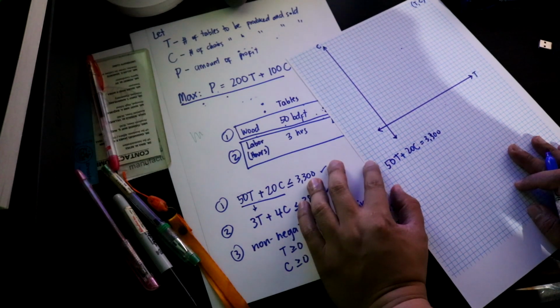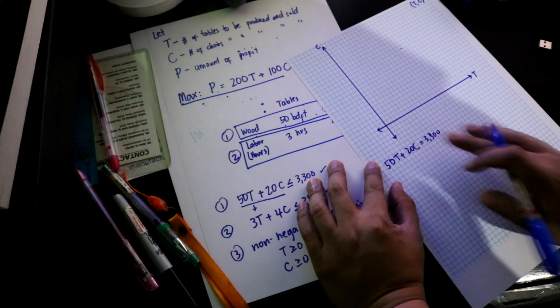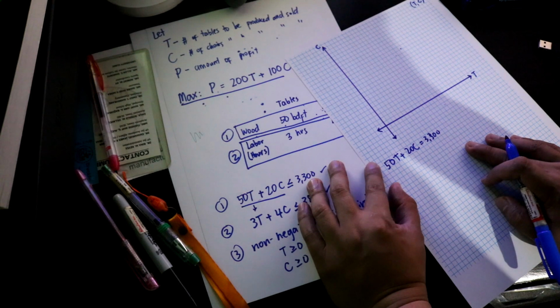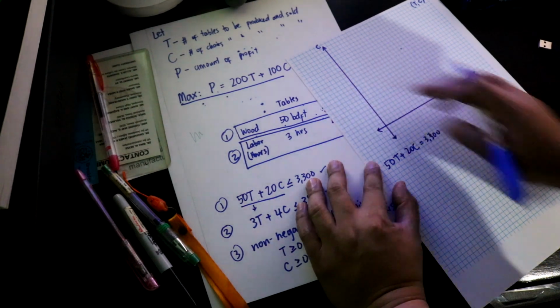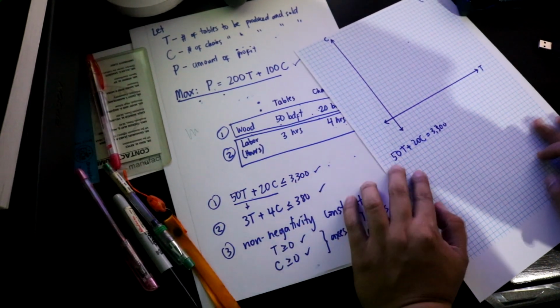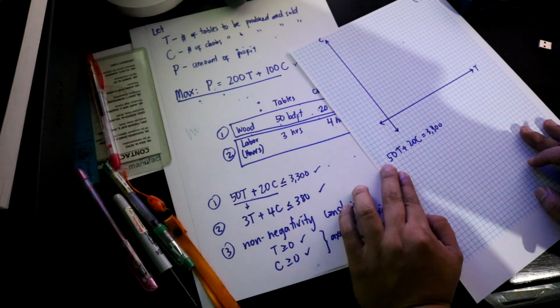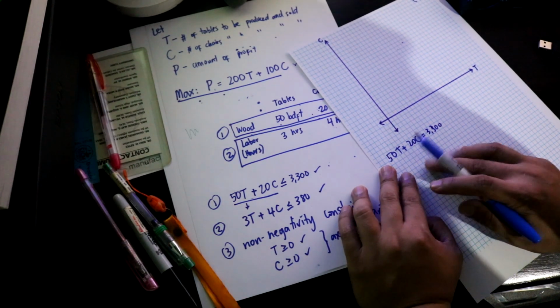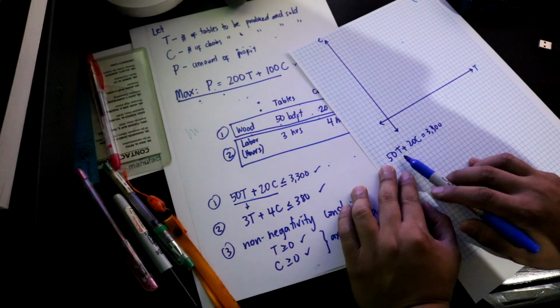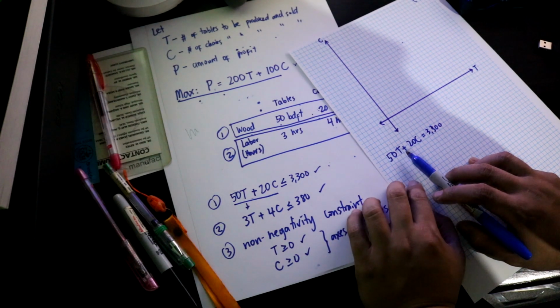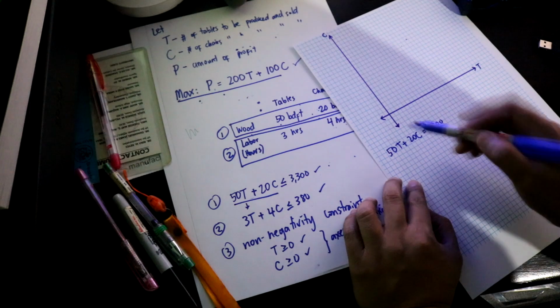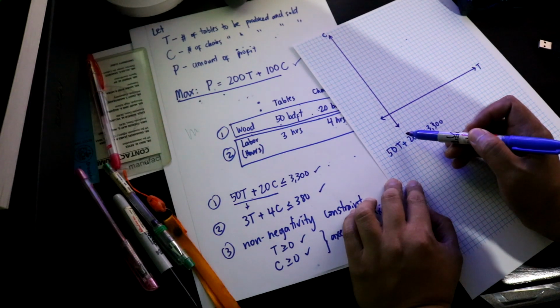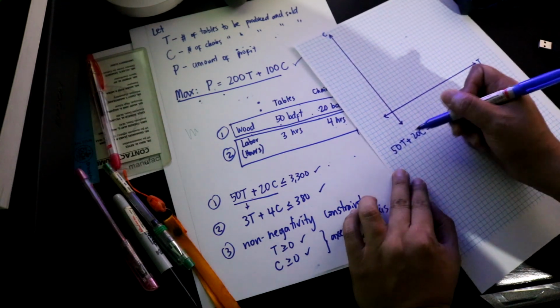Okay, because as we know from high school mathematics, from 2 points we can draw a line. So how are we going to find those 2 points? We just set either of these variables as 0. First, we set t equal to 0.